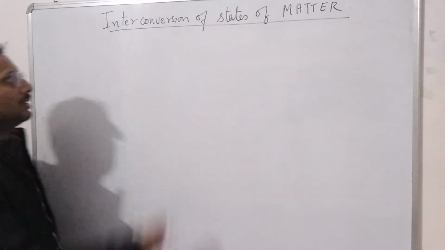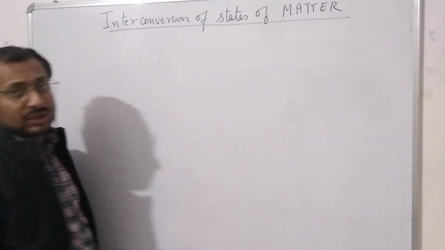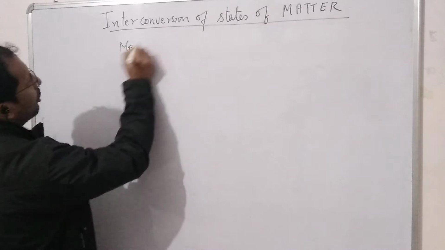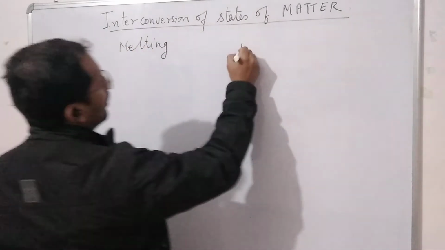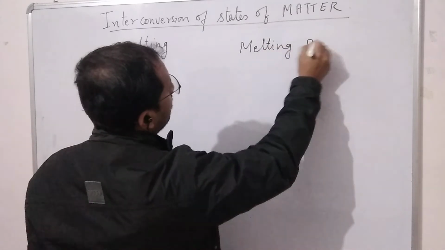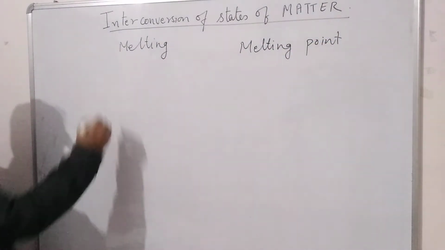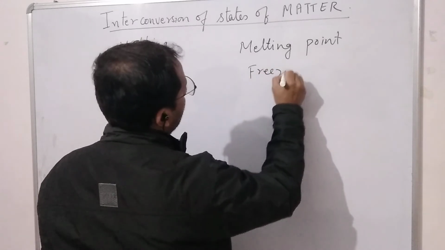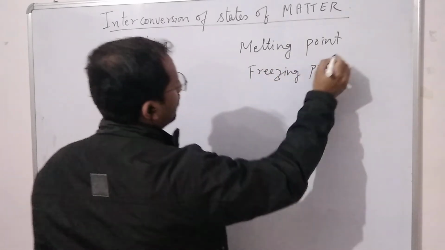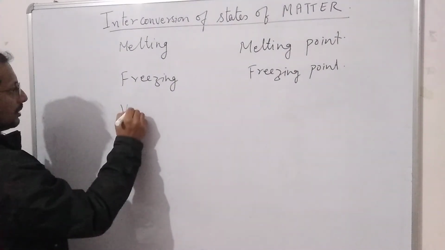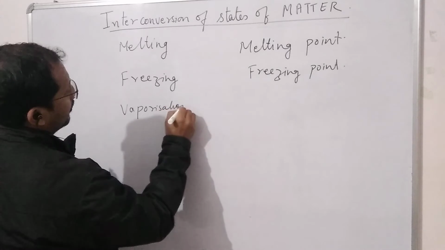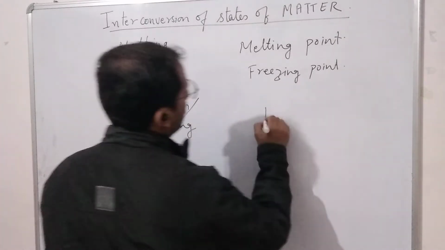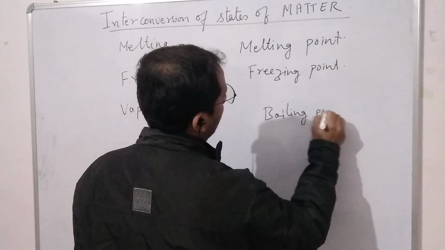In the previous class of chemistry, we have studied the interconversion of states of matter, and we came across terms like melting point, freezing point, vaporization or boiling, and boiling point.